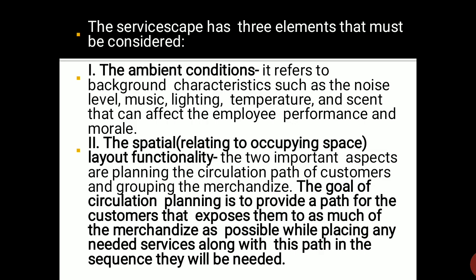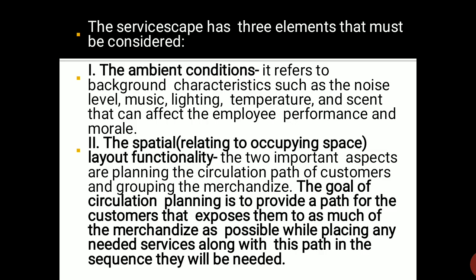That means those are the things Bittner has coined. Out of that, one is the ambient condition, meaning the surroundings. Second is occupying space, how you occupy the whole space, and that everything depends on designing, right? If you enter the supermarket and it is congested, everything is so messily arranged, then you won't like to come there again and again, or you would like to avoid the area.